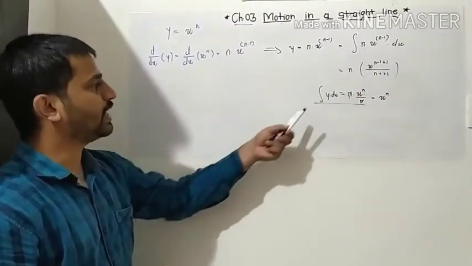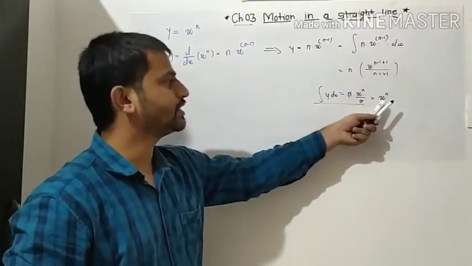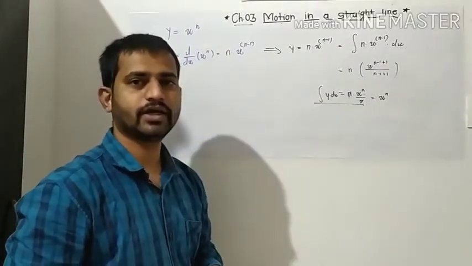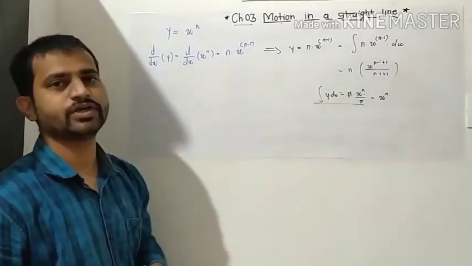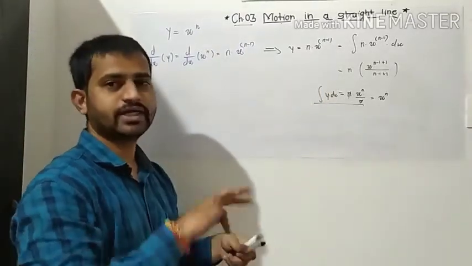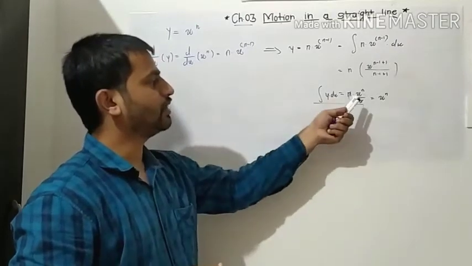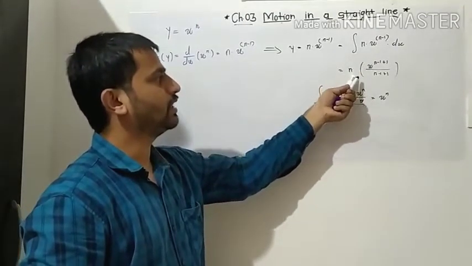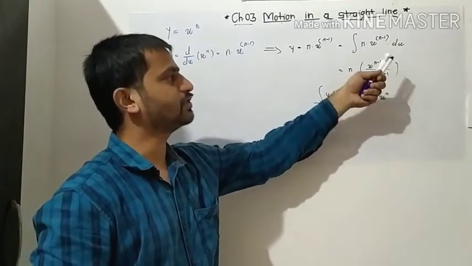So if you look at this term, then you can come to know that we get the equation x raised to n after taking the integration of this function. This is the function with respect to which we are taking the integration, n x raised to n minus 1. We are applying the rules of the integration here, and accordingly we are getting that n is a constant, then x raised to n minus 1 plus 1.